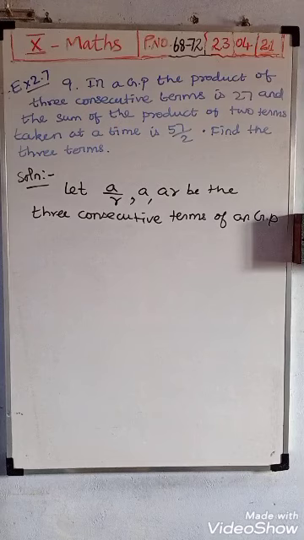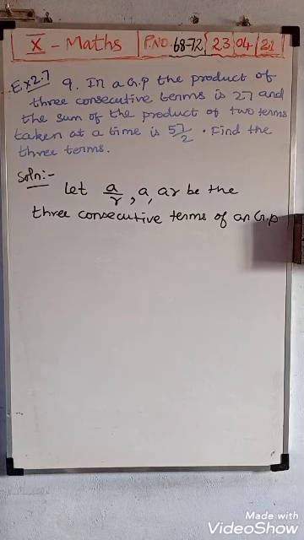Let a by r, a, ar be the three consecutive terms of a GP. So for three consecutive terms of a geometric progression, we want to choose like that. You already know a GP looks like a, ar, ar squared, but for consecutive terms, you choose a by r, a, ar. Okay, you can choose like that.